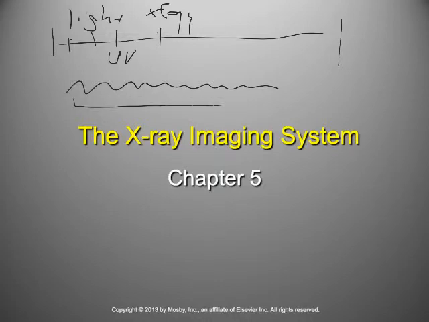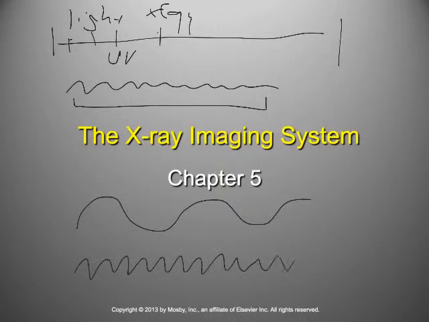How do we know what its energy range is? The wavelength? Wavelength and frequency. So the shorter the wavelength, the higher the frequency, the more energy it has. So an X-ray photon, for example, if I have an X-ray photon that looks like this versus an X-ray photon that looks like this, which one's traveling faster?